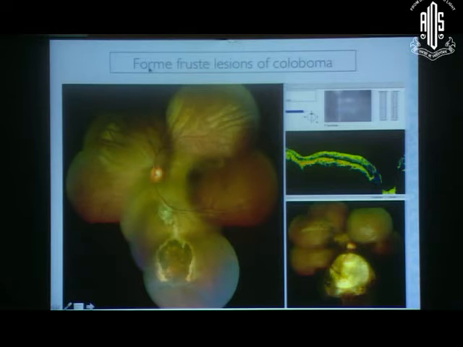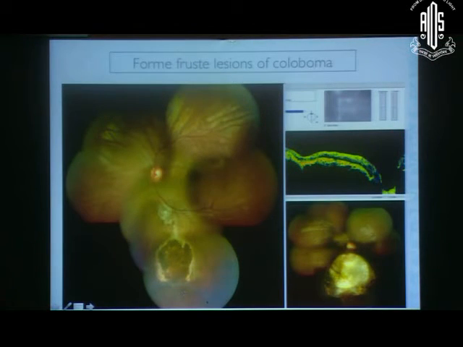I also described these form fruste lesions of coloboma, wherein they don't have a typical colobomatous appearance, but they are form fruste lesions because I know that the fellow eye has a typical coloboma and also a disc coloboma, you can see that. While this eye has patches of chorioretinal atrophy almost resembling as if somebody has done some cryotherapy there. And this is like an ora bay which is indented posteriorly.